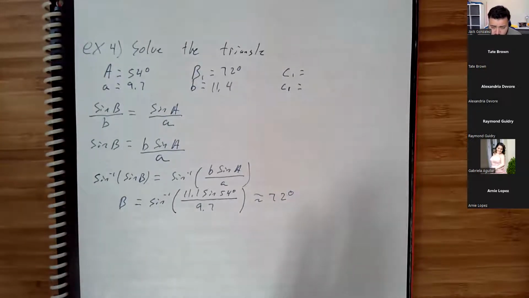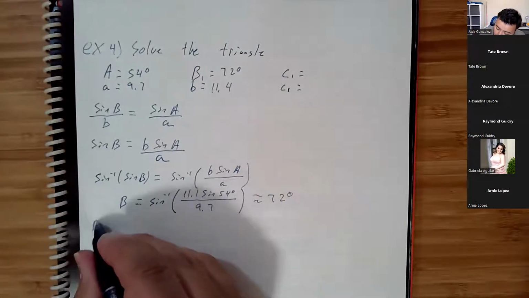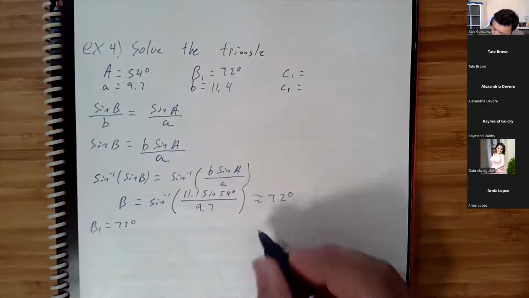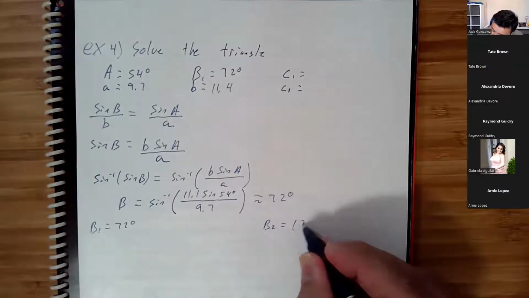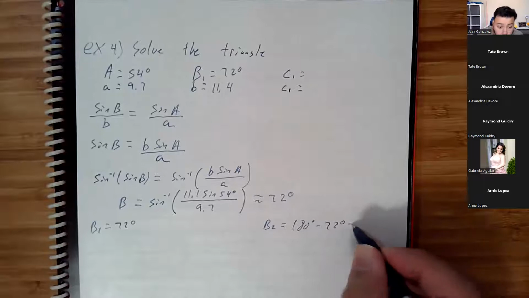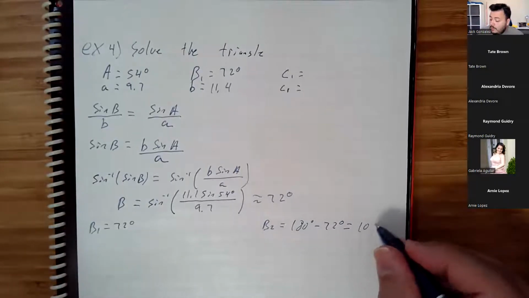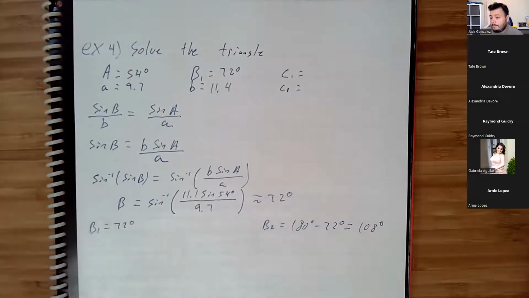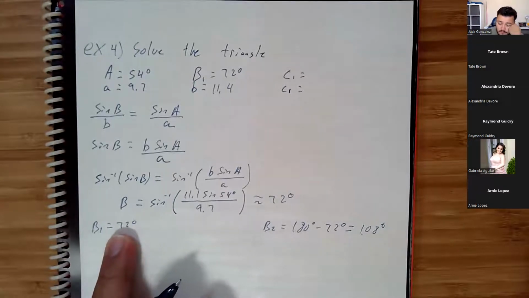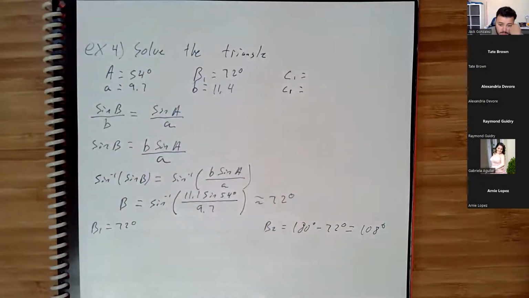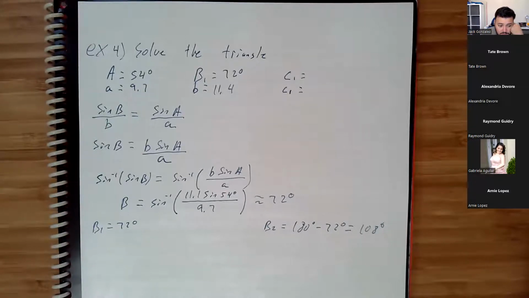So this is how you check if you have two triangles or not. You first find one angle. You find the second one by subtracting from 180 like we've done before. Then you must check if you add these to the original angle that you're given, does that remain under 180 degrees?